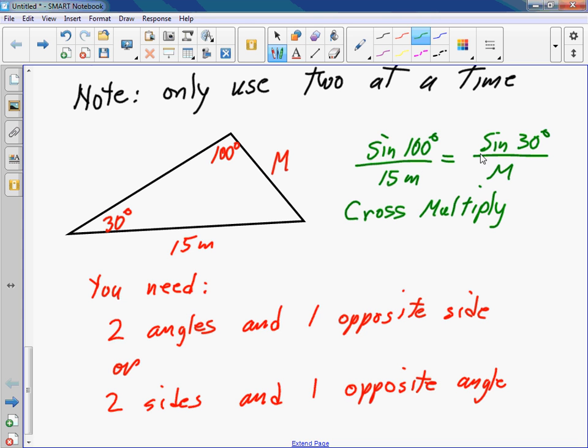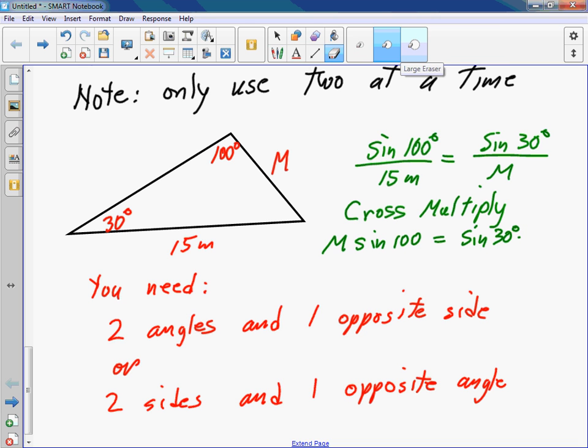Whenever you see one fraction equal to another, it's a proportion. I'd cross multiply and divide. We can just cross multiply first, though. I'd go sine 100 times m equals sine 30 times 15. Somebody jam that for me.